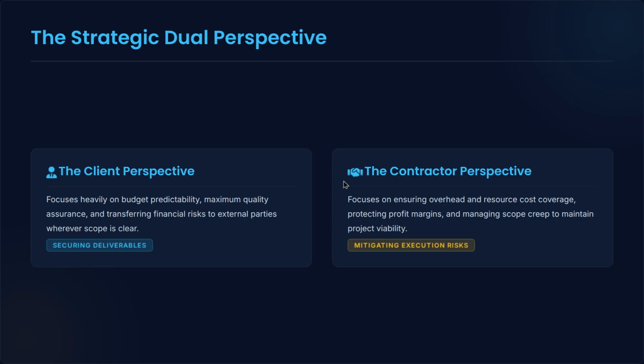From this angle, your goal is to protect your resources, cover overhead, and avoid losing money due to scope creep. Understanding both perspectives is your superpower. It allows you to build contracts where both sides win, which is the secret ingredient for long-term project success.